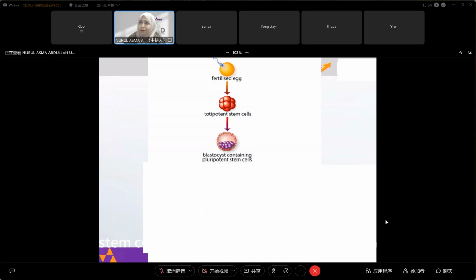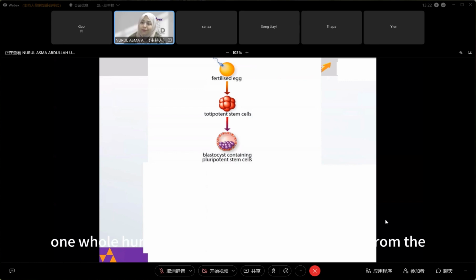So the earliest type of stem cells produced in our body is categorized as totipotent stem cells. These totipotent stem cells can differentiate into all types of somatic cells, and can regenerate one whole human body.